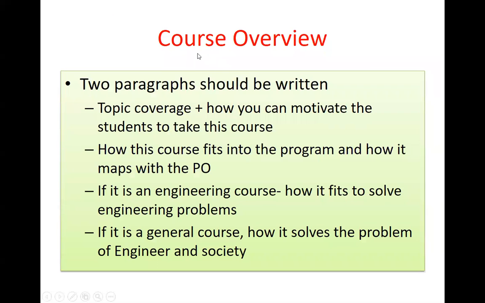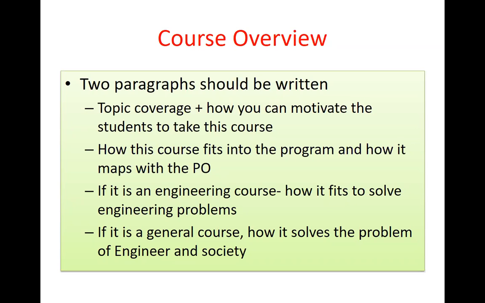So course overview, usually it will consist of 2 paragraphs. The first paragraph will be the topic coverage. And the second paragraph will be how you can motivate the students to take this course. Then you should also specify how this course fits into the program and how it maps with the program outcome.